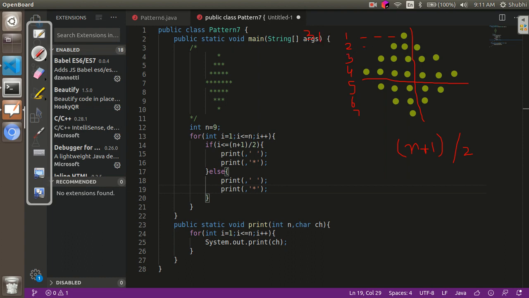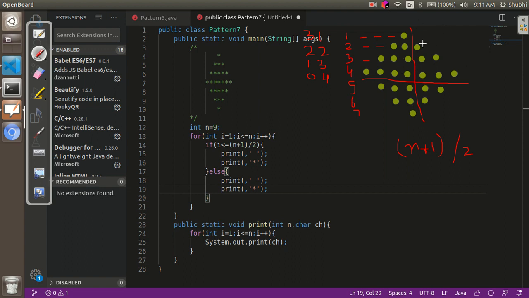For the second row, we have 2 spaces and 2 characters. For the third row, we have 1 space and 3 characters. And for the fourth row, we have 0 spaces and 4 characters. These are the numbers of characters for the first half of the top half.